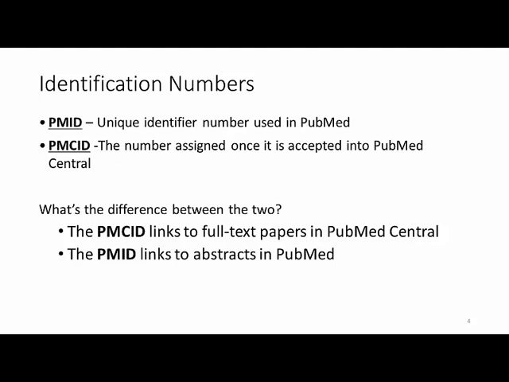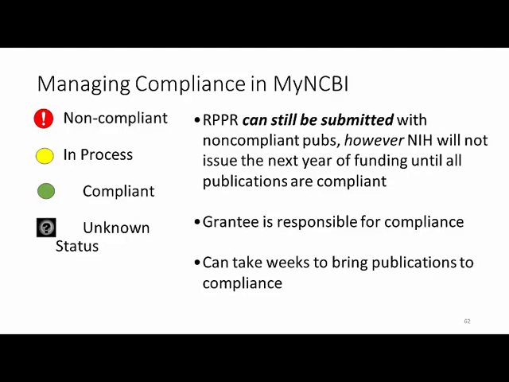And so in some of your items that you look at in PubMed, you'll have both a PMID number and a PMC ID number. And that C is sometimes glossed over and it gets a little bit confusing. But the end result is if your article has a PMC ID number, it's been through the process. It has everything it needs. It should be compliant.